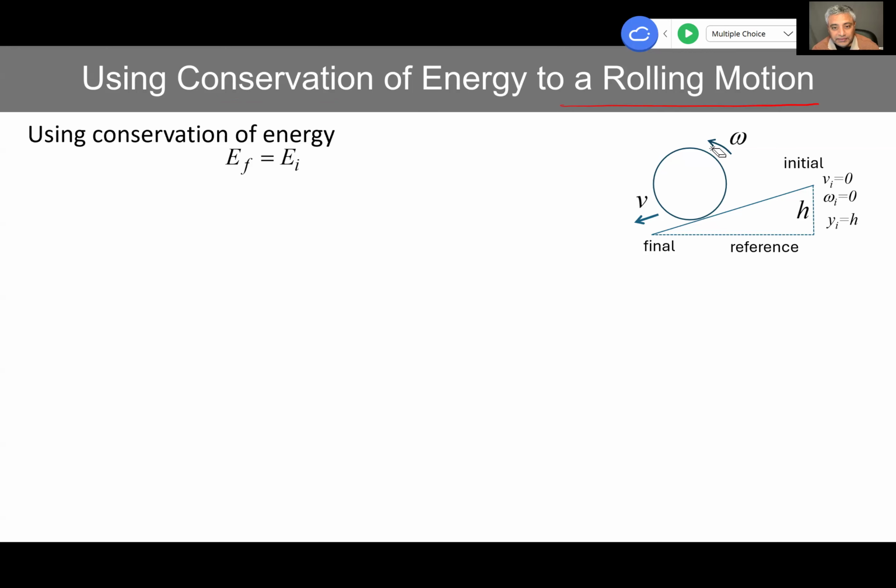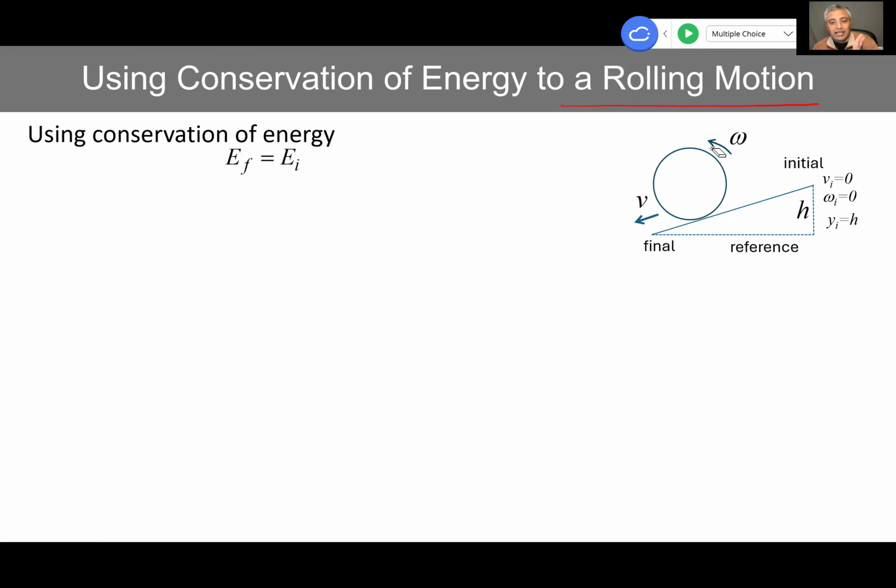Remember, in physics, using conservation of energy is one of the most widely used techniques to solve problems. So that's what we are doing here right now. Very important stuff. If you missed that for the translational, that's going to be captured here as well.